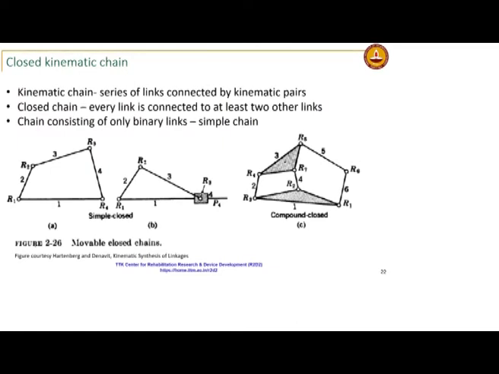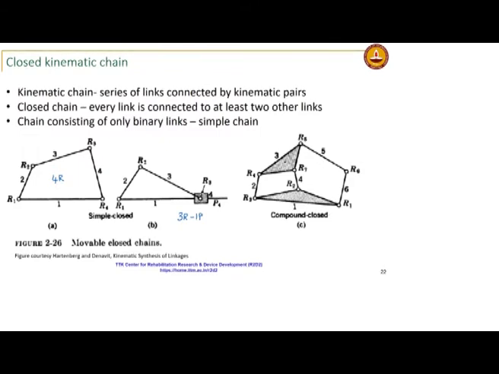When you fix one of the links, then it becomes constrained motion between some input and some output. There can be more than one input for a single output. Okay. So, this is called a 4R kinematic chain. You have 4 revolute joints in this kinematic chain. This would be called a 3R 1P. There are 3 revolute joints and 1 prismatic joint.